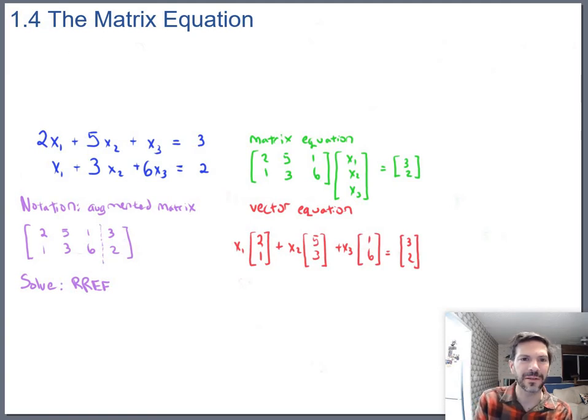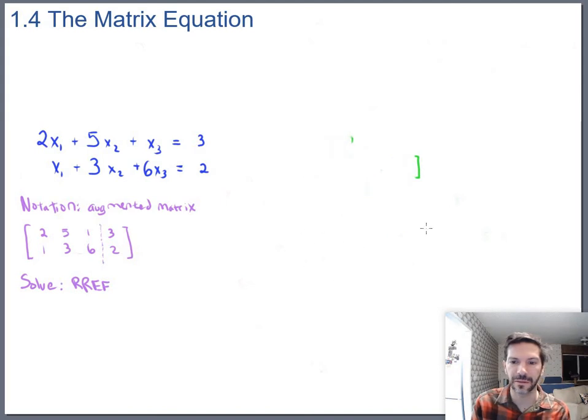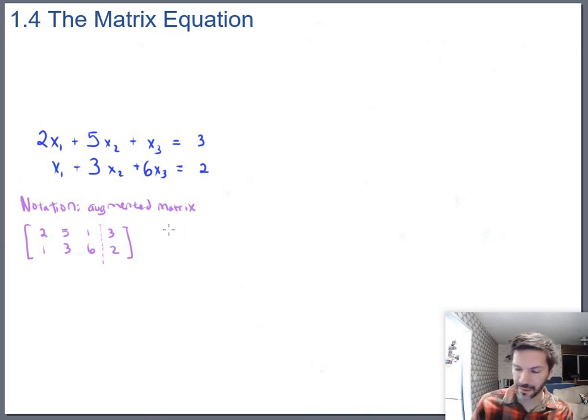Let me go ahead and erase the other forms here. We don't really need these anymore. So we'll just solve this one using reduced row echelon form. Let me get Microsoft Mathematics pulled up here.